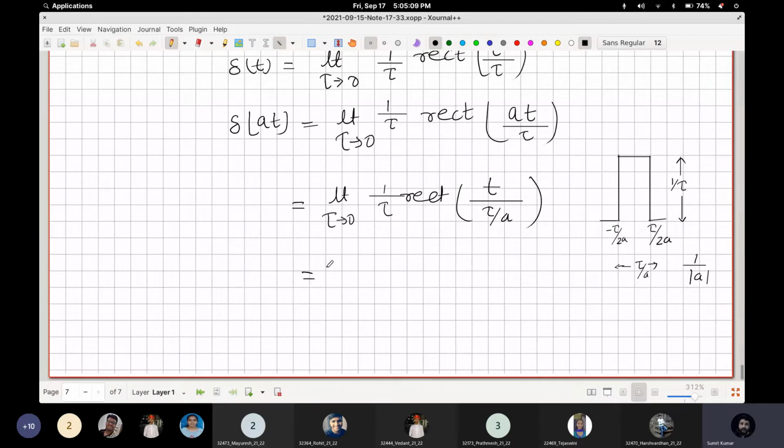So this can be directly written here as its area is 1 upon mod A. As tau tends to 0, its height is going to become infinity, and its width is going to become 0, and its area is going to become 1 upon mod A. So we have multiplied by 1 upon mod A, and for the impulse we will write delta t. So this is delta of AT. So delta of AT is equal to 1 upon mod A delta t. Is this clear to all of you or not?